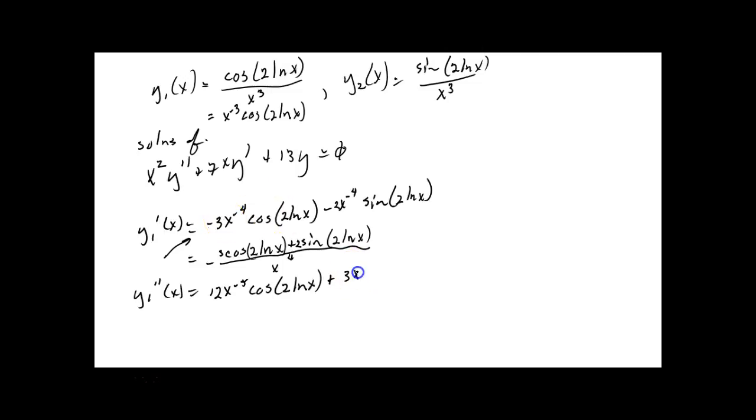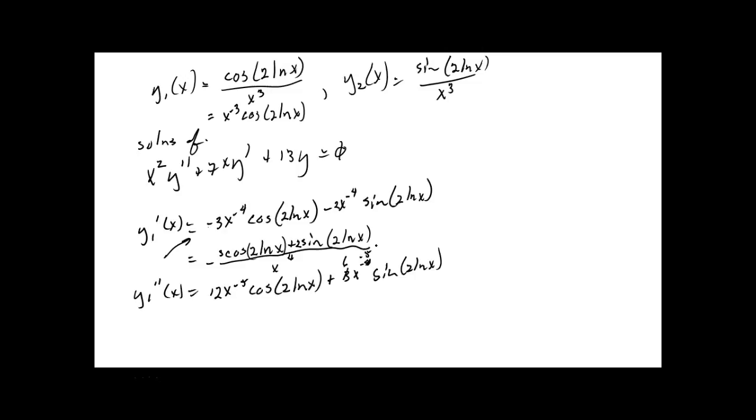And the x to the minus fourth is going to stay the same because it's the first, times the derivative of the second, which is going to be the minus sign, so that's what changed it to a plus. So that'll be a sine of 2 log x, right? Times 2 over x. So that will make this a 6, and that makes it x to the minus 5 again. Okay? Is that right?